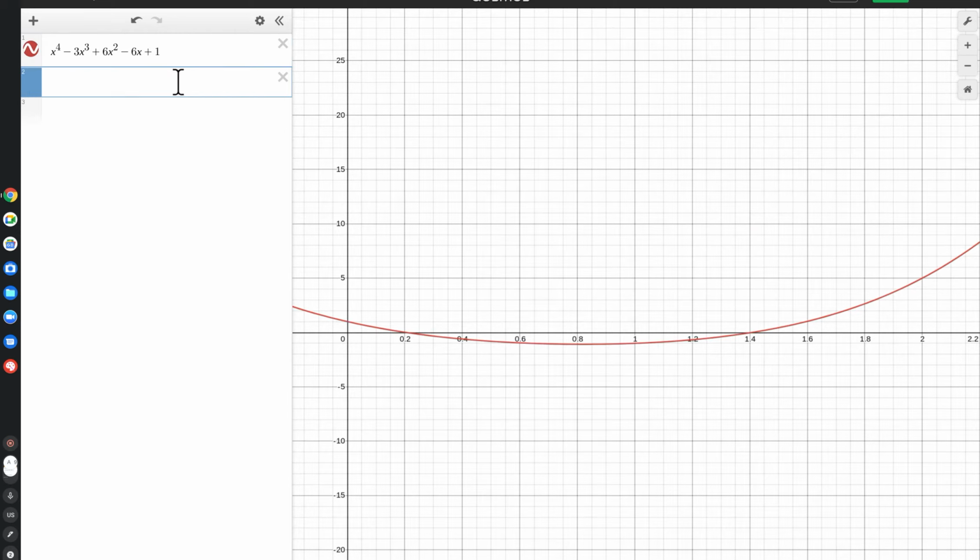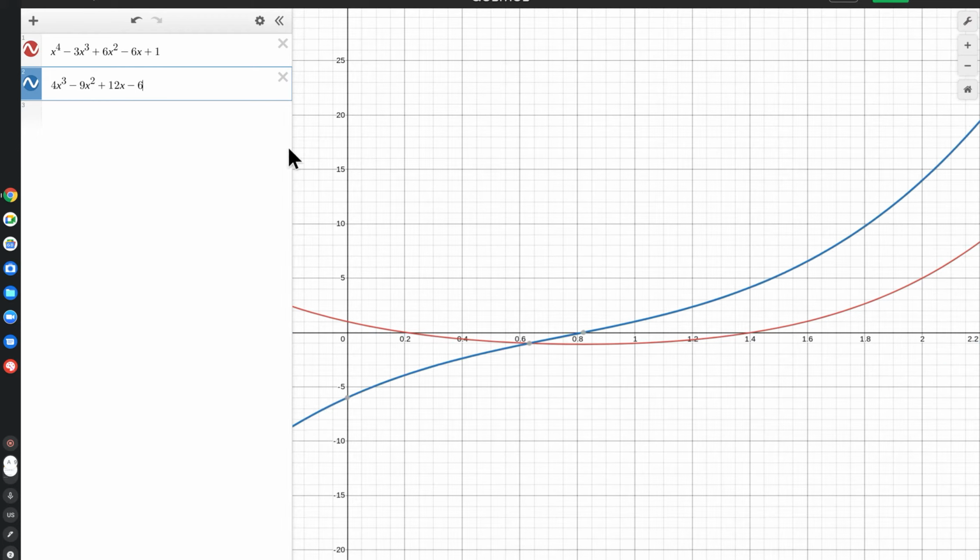So we want to find the derivative of this function. Let's do that. For x cubed, this is all just power rule: 4x cubed minus 9x squared plus 12x minus 6. There we go, we get the same thing as before, and we want to solve this. Yippee, that's fun. What we're going to do is just use this approximation. But let's say we didn't have the graph of this. We just knew that our answer would be somewhere around here. How would we tell that it's a minimum or maximum?